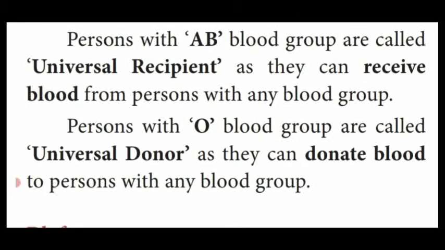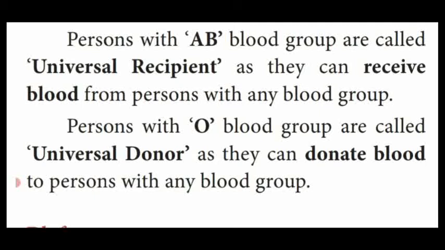First one, a person with AB blood group is called a universal recipient. That means a person who has AB blood group can receive any kind of blood group, A, B or O, whichever person donates.